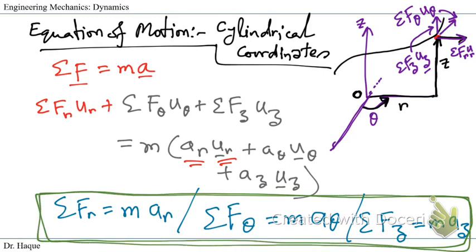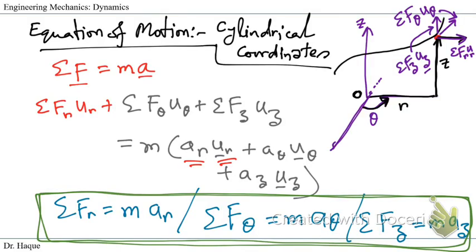Okay, there is one more thing that we need to add. What if the acceleration is not well defined, meaning you don't have the acceleration component ar or a theta or az, so it's not completely defined?